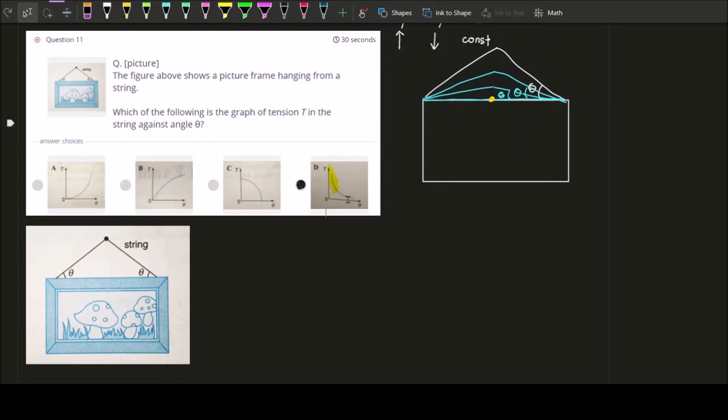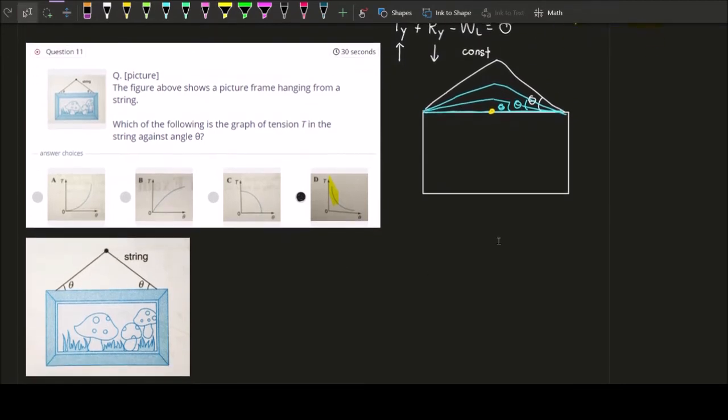And if this angle here is 90 degrees, if it's a very big angle, let's draw in pink, then you know that the free body diagram will look something like this. If the angle gets larger and larger, then this will move nearer and nearer to the y-axis.